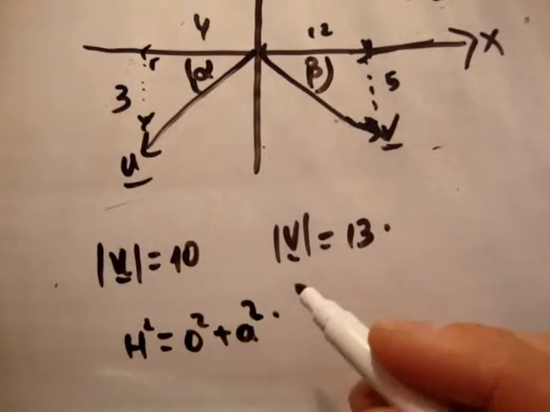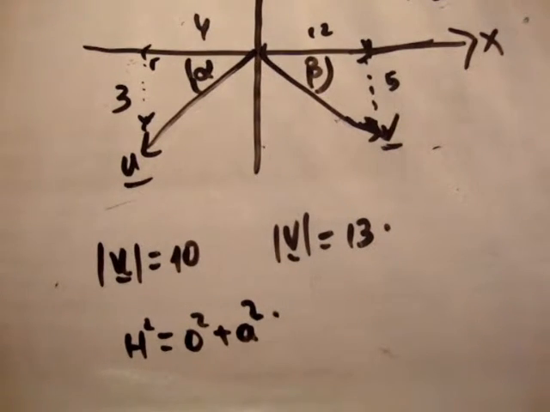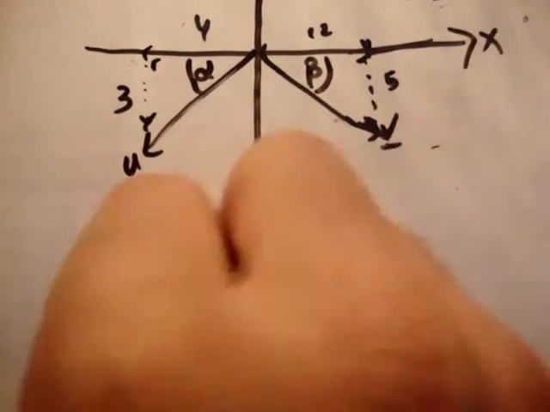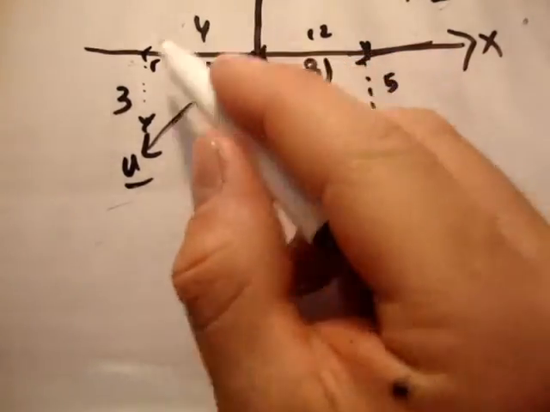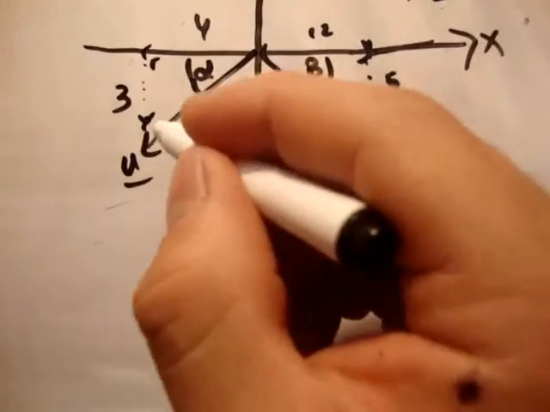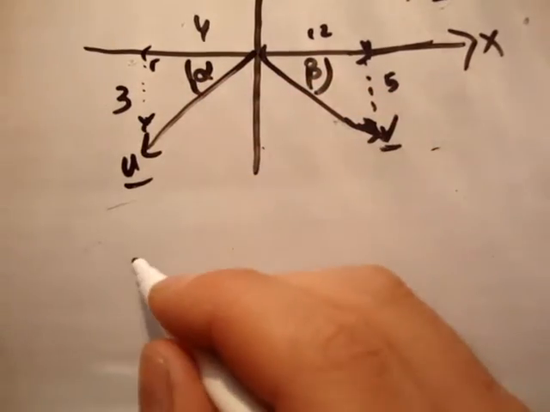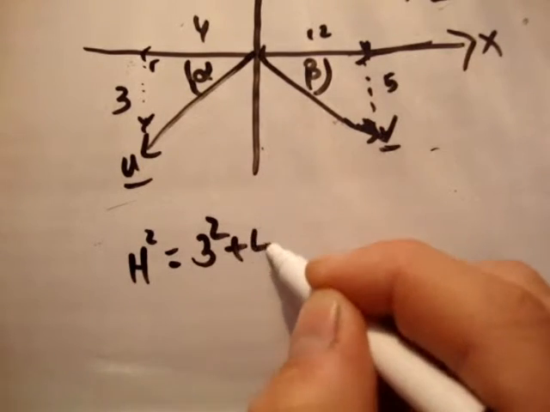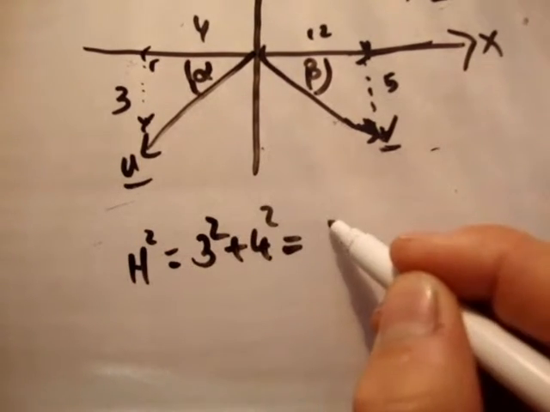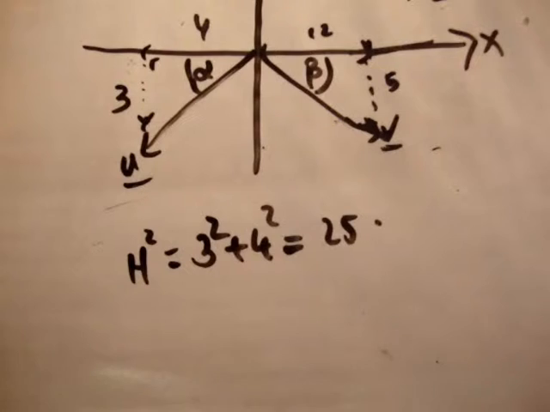Now, here I see what I think is an error in the book, but maybe I just haven't spotted something, and your teacher may be able to help you out here. But look, in the question you're given that the inverse tan is 3/4, right? So let's get the magnitude of the hypotenuse. h squared is equal to 3 squared plus 4 squared, which is 25.